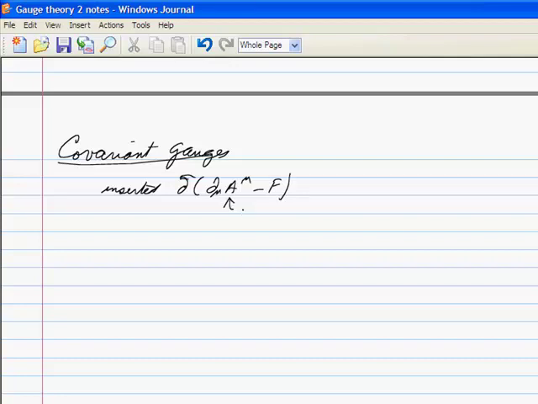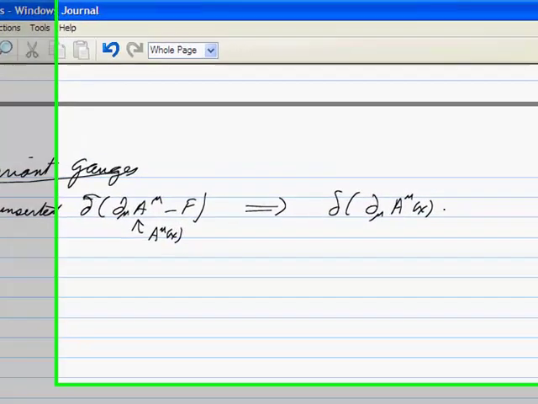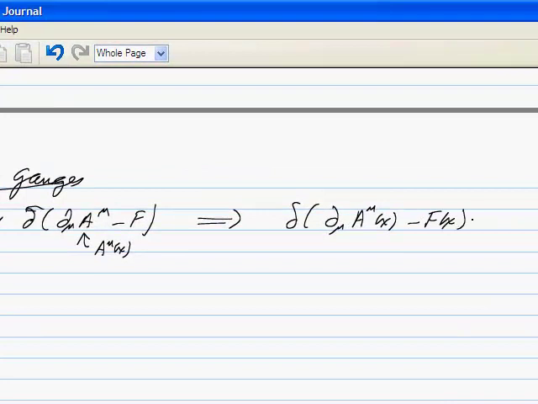This is a function of position, so there's really a delta function in each position. There's no reason we couldn't use a different f at each position. So we could go to delta of d mu A mu of x minus f of x. We could have done that. It still factorizes, everything still works out like before.